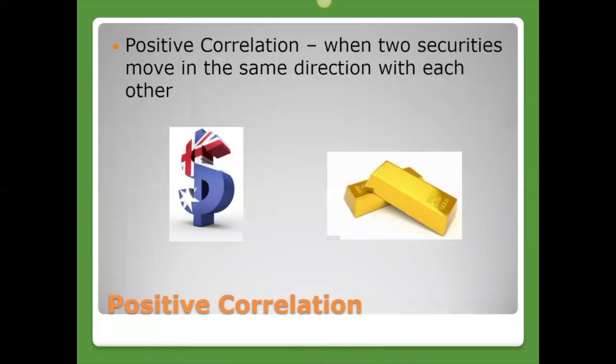And the reason gold is correlated with Australian dollar is because Australia is a big producer of gold. Australia is a resource economy, so they mine a lot of different commodities, copper and so forth.